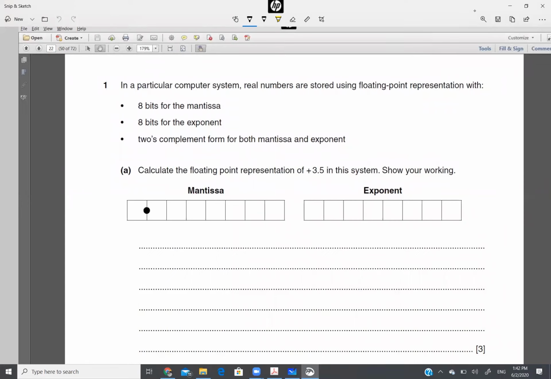So if we go with 3.5, we know that it's something like this: 1, 1, and 1. I guess you guys are pretty smart now. And 0.5. This is your 3.5, right? Isn't it? Yes.